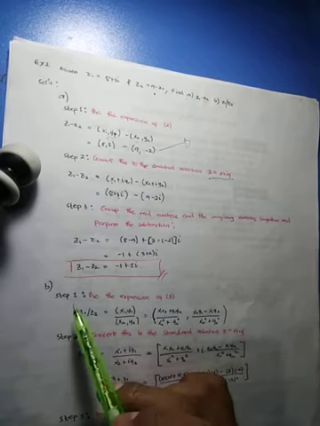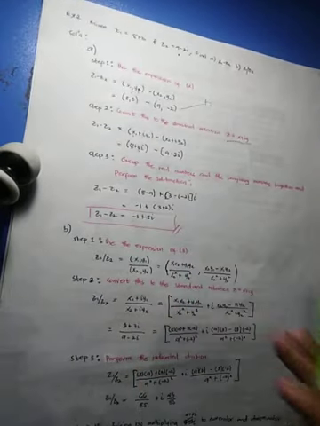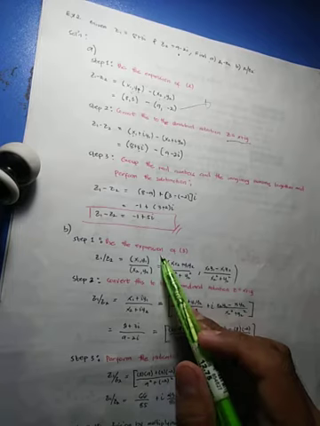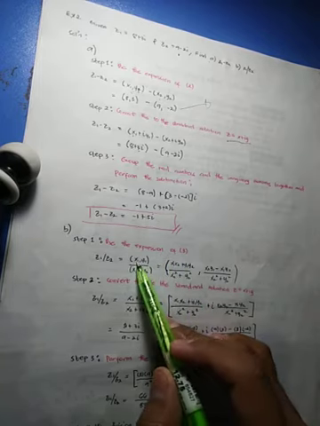Now for letter B, for the division or the quotient of the two complex numbers, we have to use the expression of 3. So again, expression of 3, we have x1 and y1.